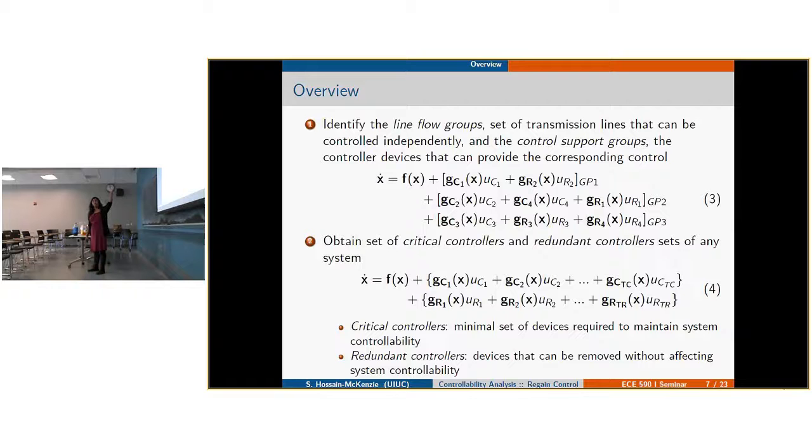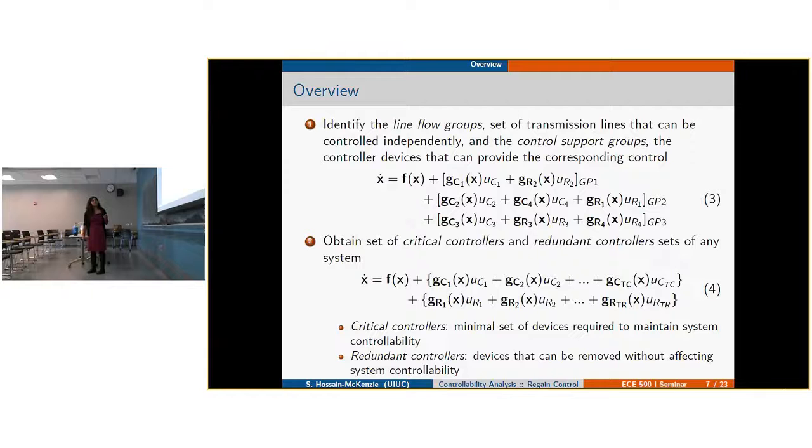So for example, we have 3 groups here, group 1, 2, and 3, and have the list of controllers within the control support groups that help each other the most in achieving some objective, whether it be controlling a specific line flow group.